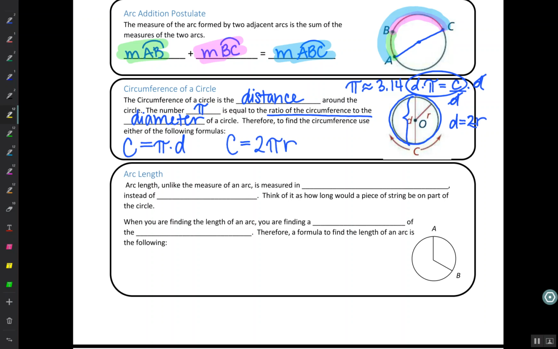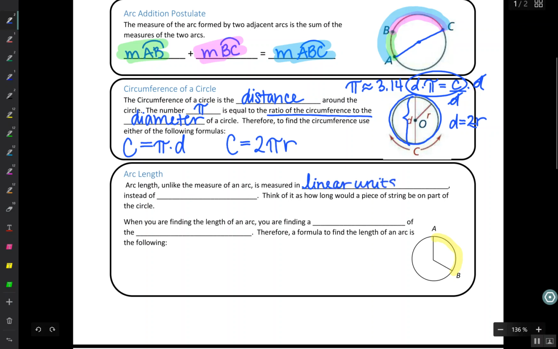So now we're going to talk about arc length, which is a little bit newer. Here what we're doing is measuring the arc not in degrees, but in length units like feet, meters, inches. So arc length, unlike the measure of an arc, is measured in linear units, like I said.